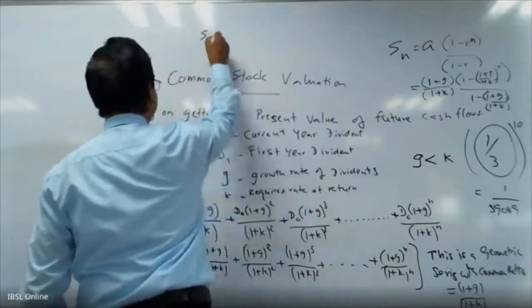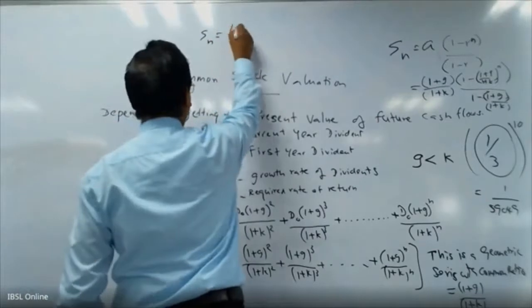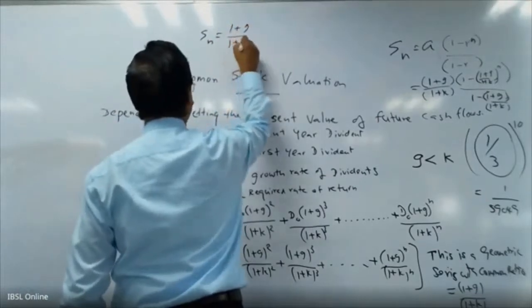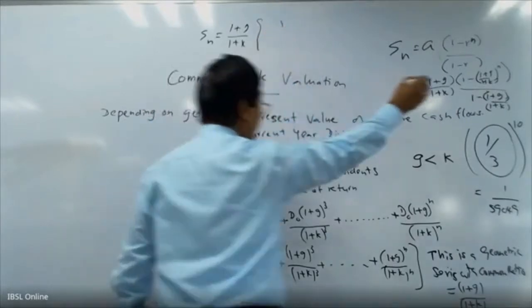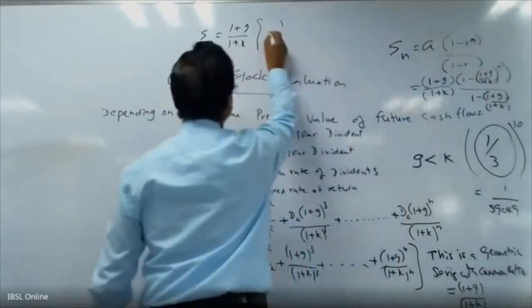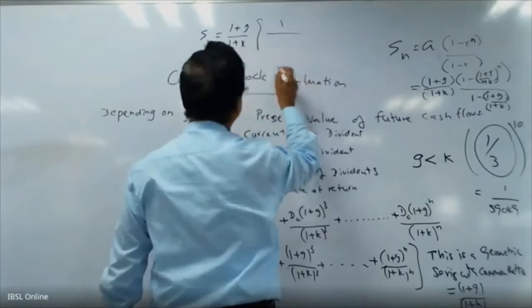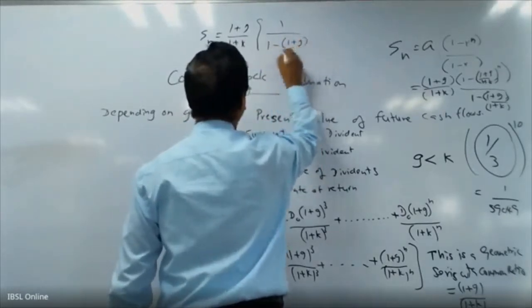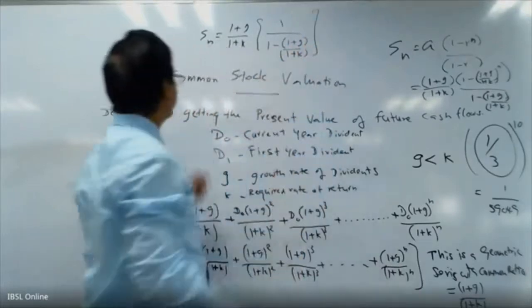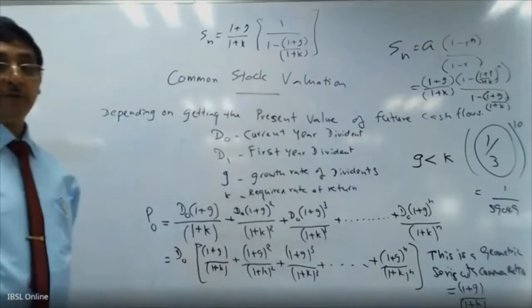Sn equals 1 plus G over 1 plus K, 1. This one will become 0. Then divided by 1 minus 1 plus G over 1 plus K. Now this will become the answer.